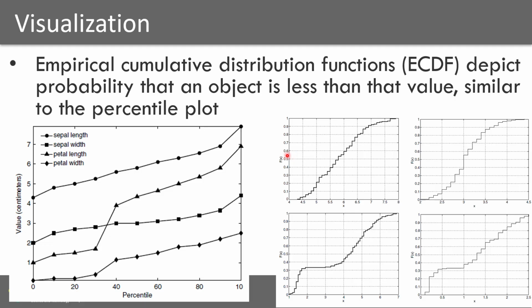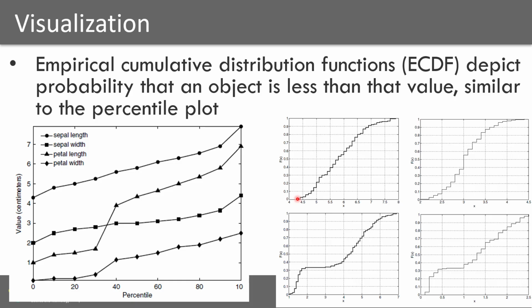So 50% is the probability that an object is less than that value. This means that we have an equal chance that there will be a higher value of this attribute or a lower value.